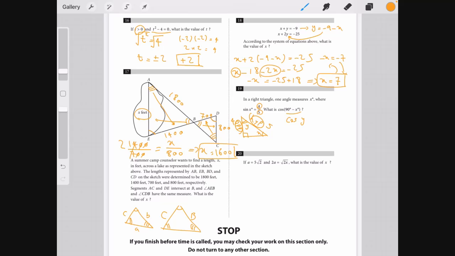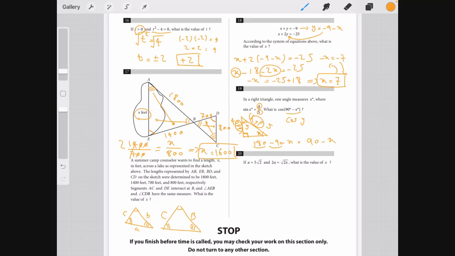So look at this. This is 90. This is x. The y value will be 180 minus 90 minus x. So the y value is basically 90 minus x.